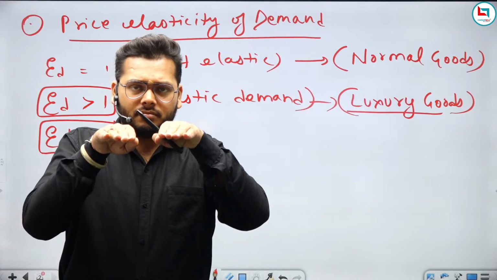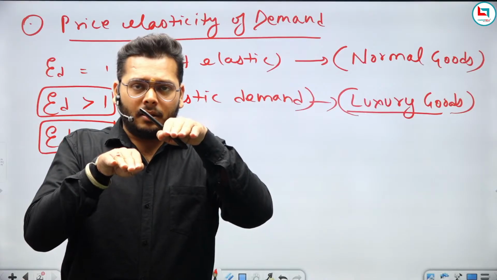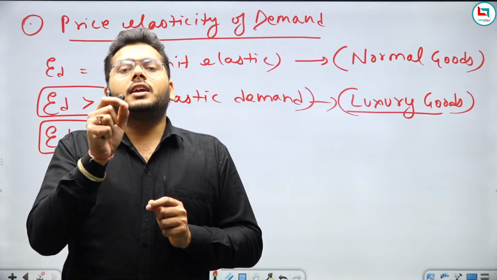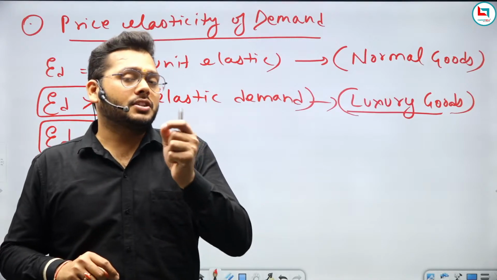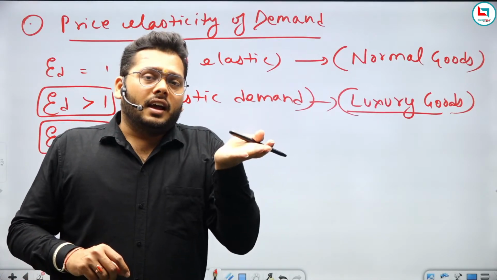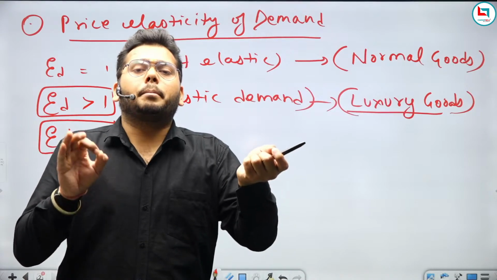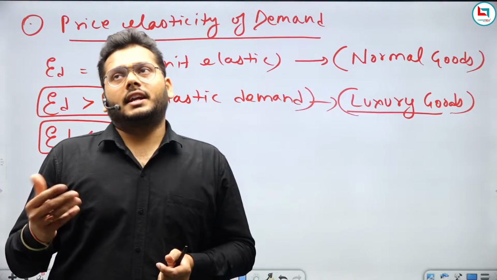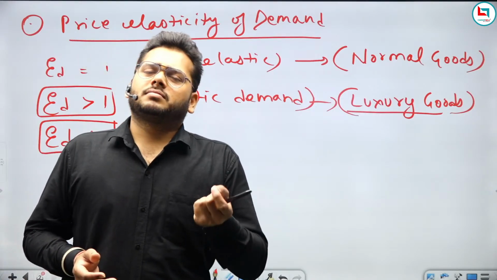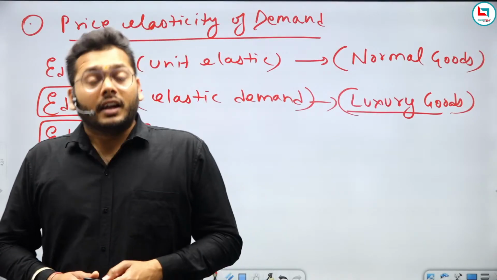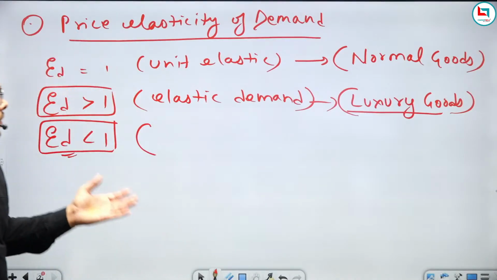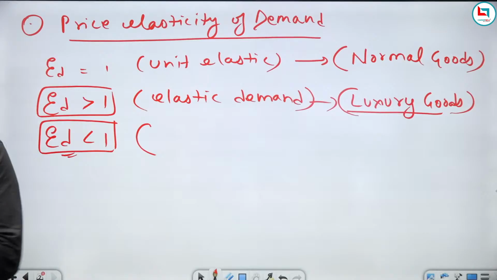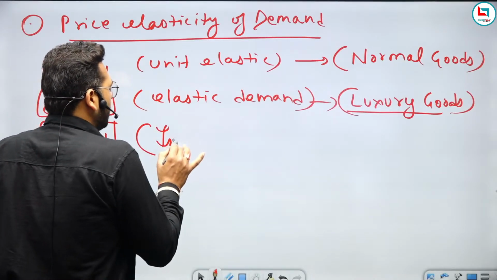If the price is decreasing this much but demand is increasing only this much, the percentage change in demand is comparatively less than the change in the price. If the price changes, let's say, 10%, your demand changes only 7%. It means the change in demand is less elastic. So we can say this is inelastic demand.